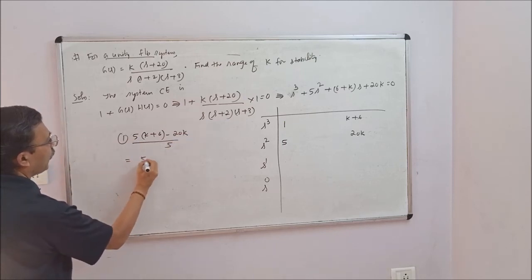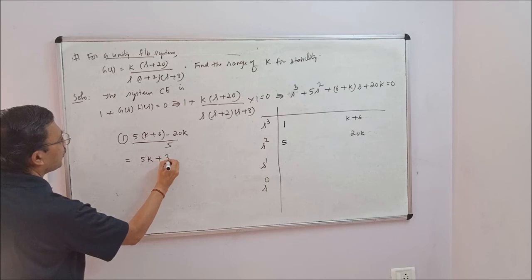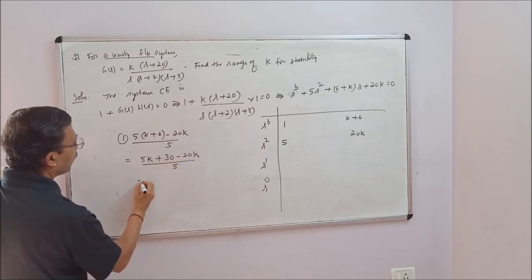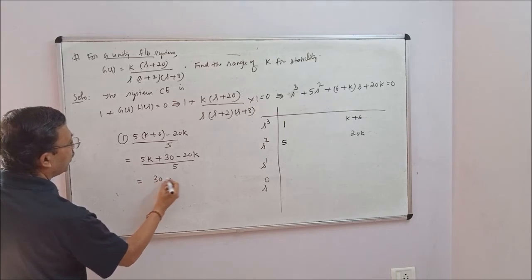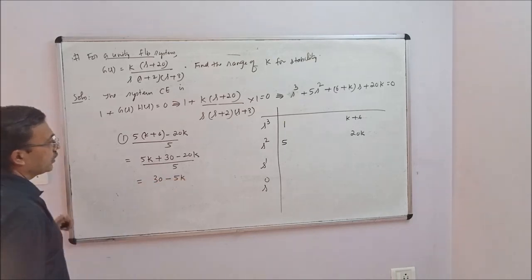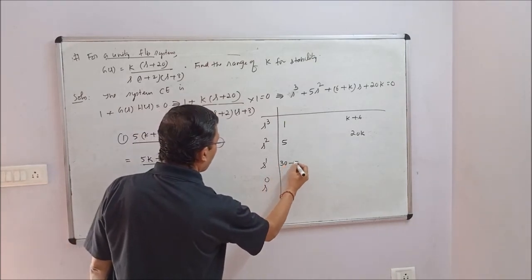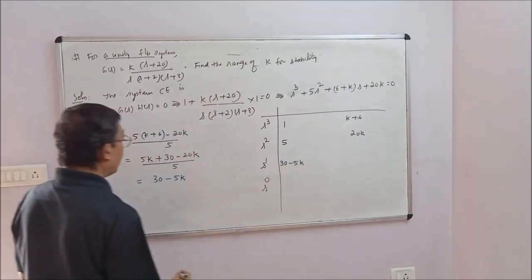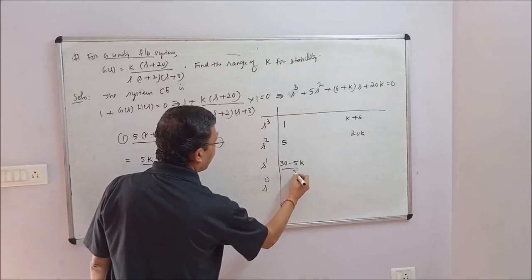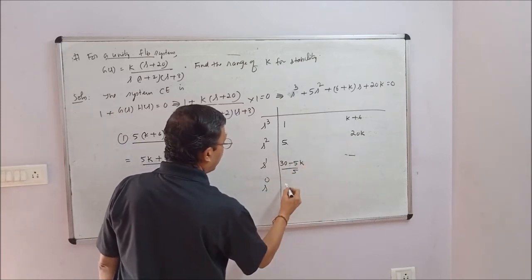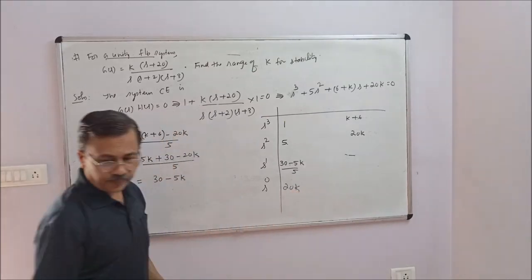So this is nothing but (5K plus 30 minus 20K) divided by 5.